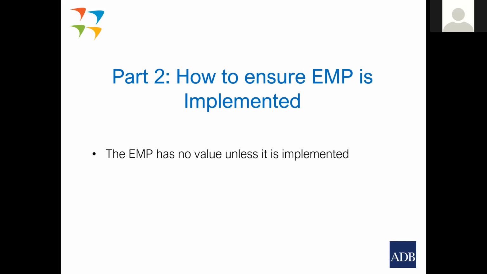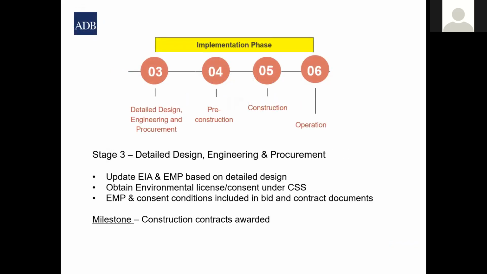We'll look at how the requirements of the approved EMP must be effectively integrated into bid and contract documentation, and the importance of the contractor's environmental management plan, the CEMP, and how it needs to be developed from the EMP. But before we continue, let's recap where we're at in the project cycle. We're at stage 3 here, detailed design, engineering, and procurement.